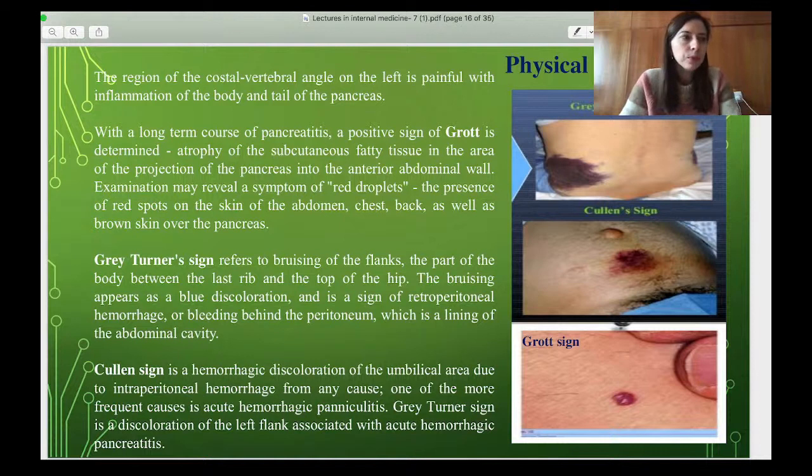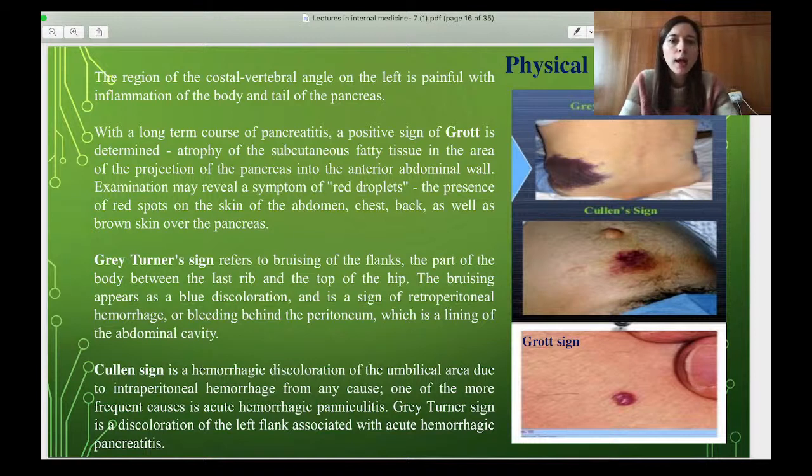Continuing about physical examination, the region of the left costovertebral angle is painful with inflammation of the body and tail of the pancreas. With a long-term course of pancreatitis, a positive Grott sign is determined: atrophy of the subcutaneous fatty tissue in the area of the projection of the pancreas on the anterior abdominal wall.